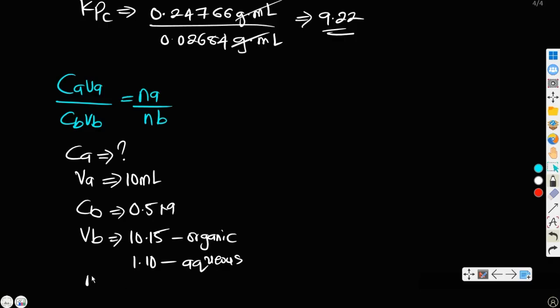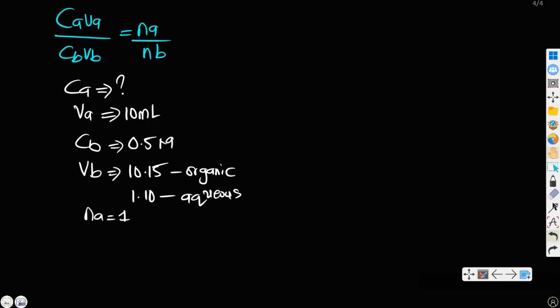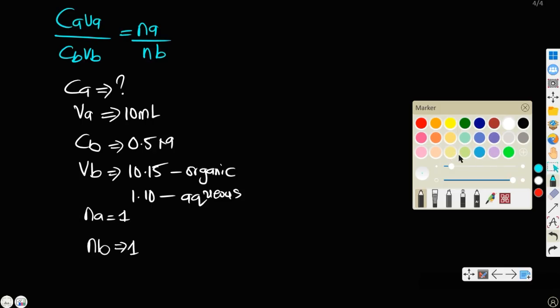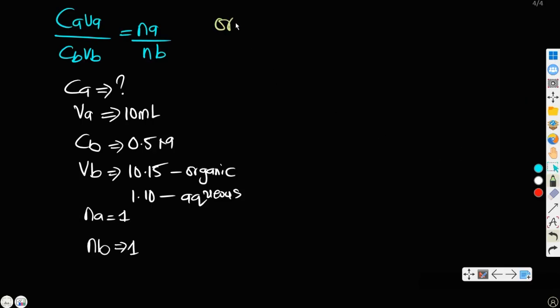Now, NA is 1, the number of moles of acid. Then we also have the number of moles of base. NB is also 1.